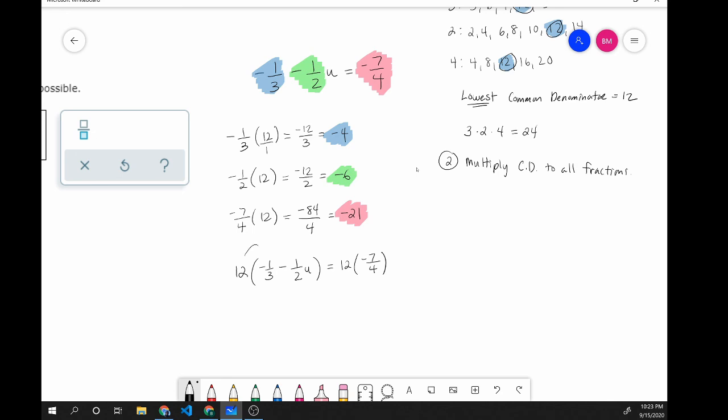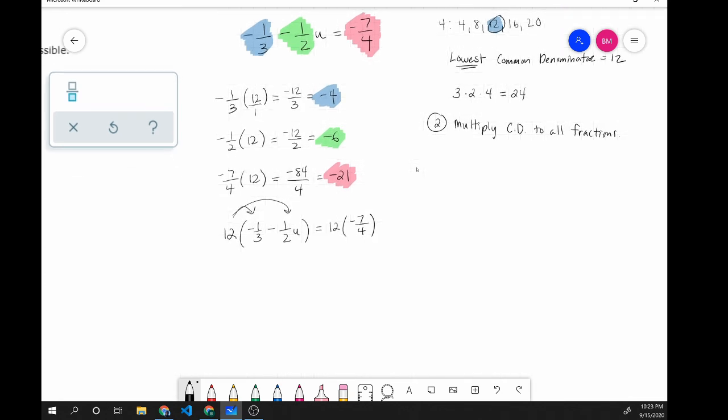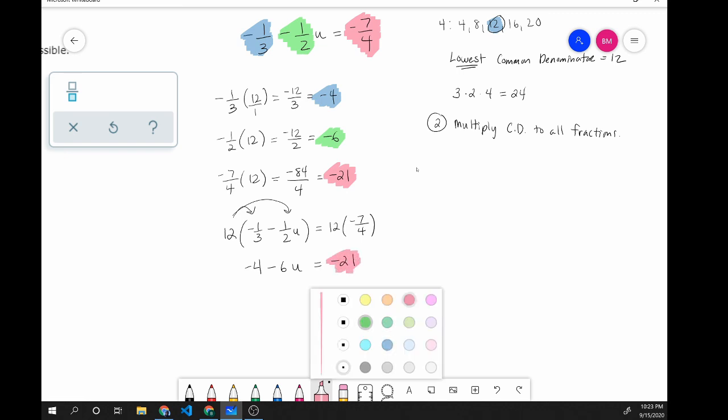So when I distribute this, our new numbers take over. So we have -4 minus 6u is equal to -21. So we'll go through and highlight where those new numbers are. There you go. Okay.